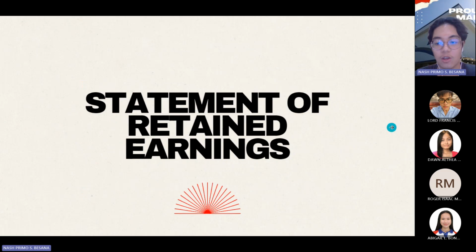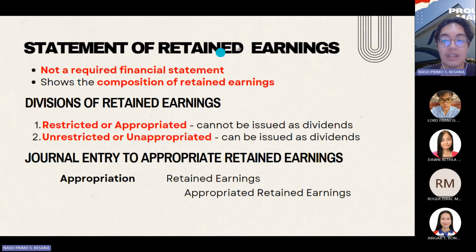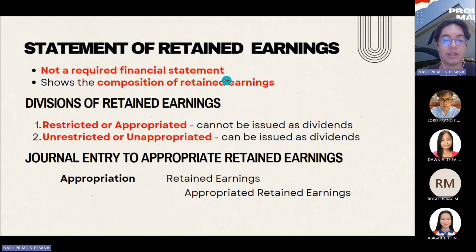So, yan. Next, we have the statement of retained earnings. So, ito yung sinasabi ko kanina. It is not a required financial statement, but it is important to show the composition of retained earnings. So, yung kanina na-mention ko dun sa very first few slides natin, divisions of retained earnings, there are two. Yung restricted or appropriated, tsaka yung unrestricted and unappropriated.